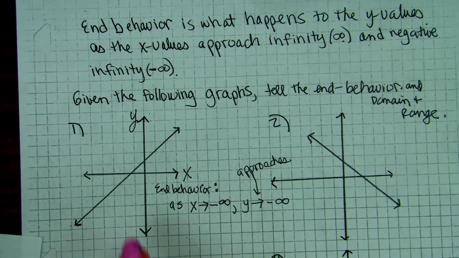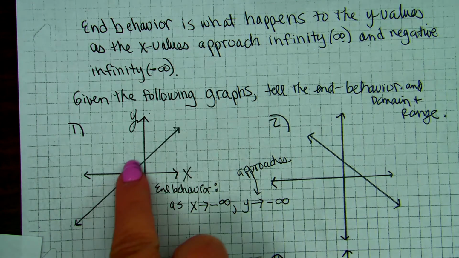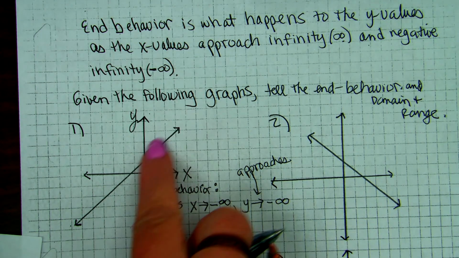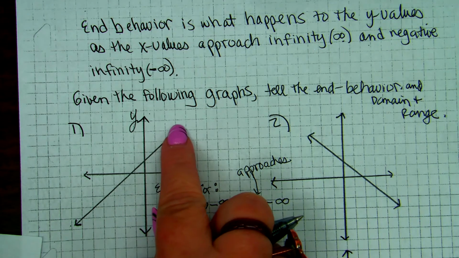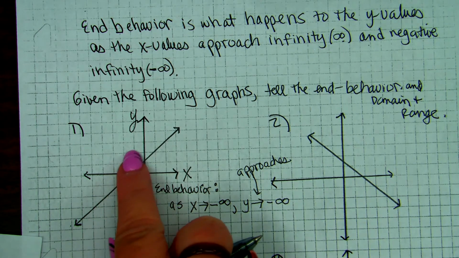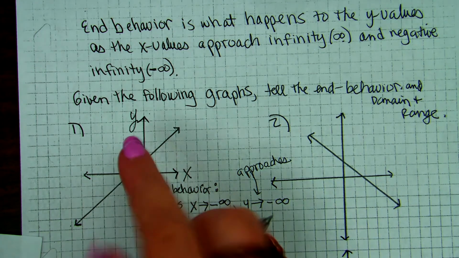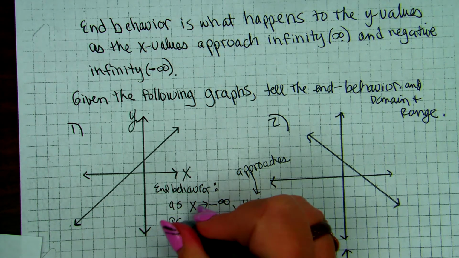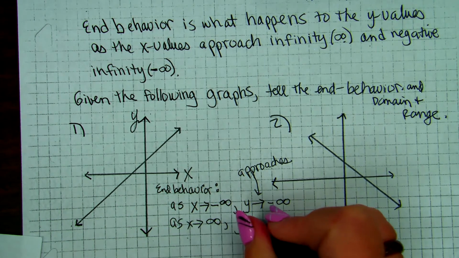And then when we're going to the right on the graph, x is getting bigger, right? X is at 0, and then 1, and then 2, and then 3. As x is going to the right, even though it's going up, it's going to the right. As x approaches positive infinity, y approaches.